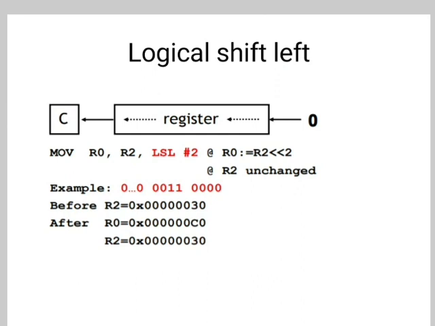After performing this logical shift left operation, R2 has the register value 0x00000030, and the R0 register will be 0x000000C0.